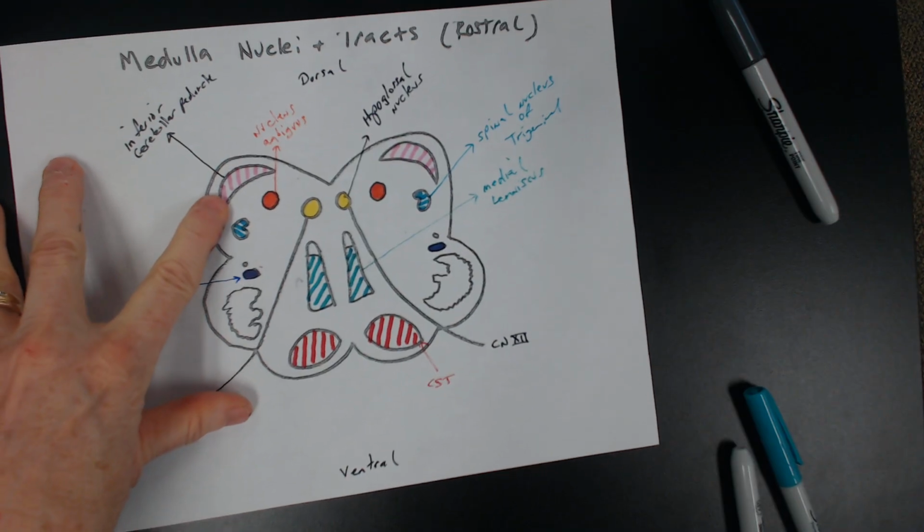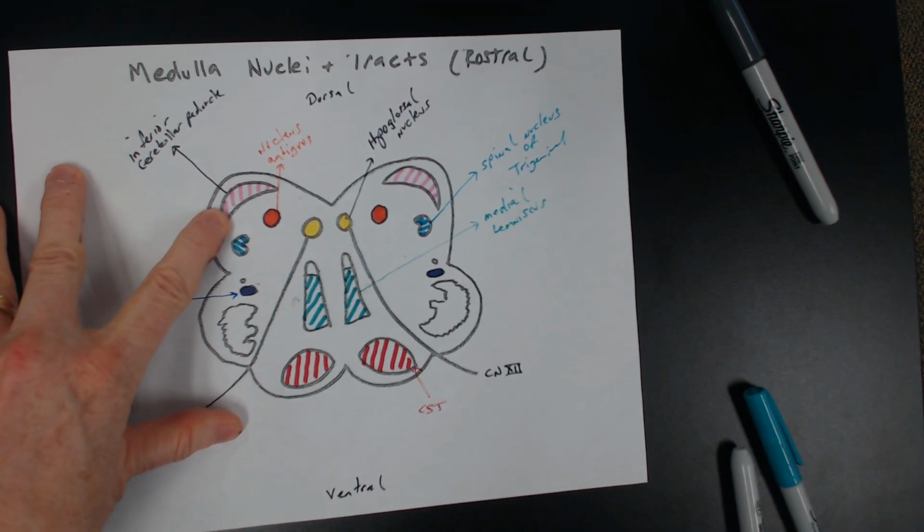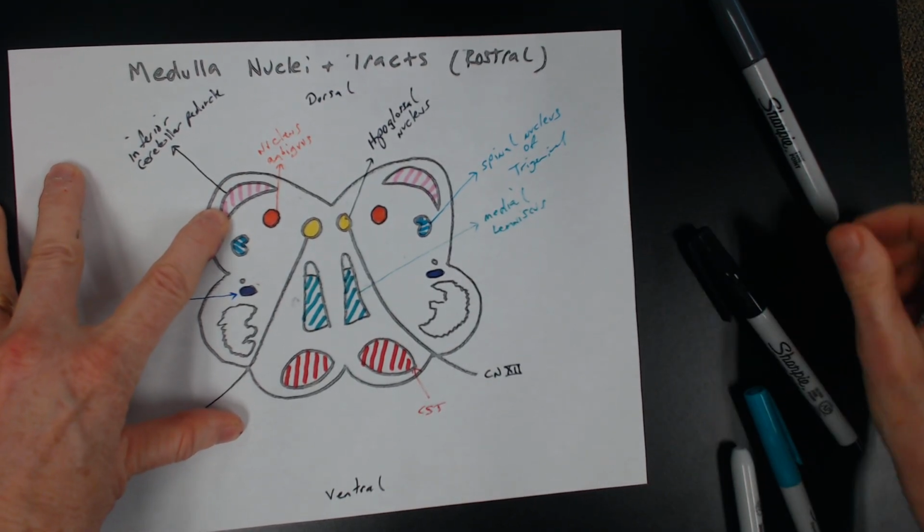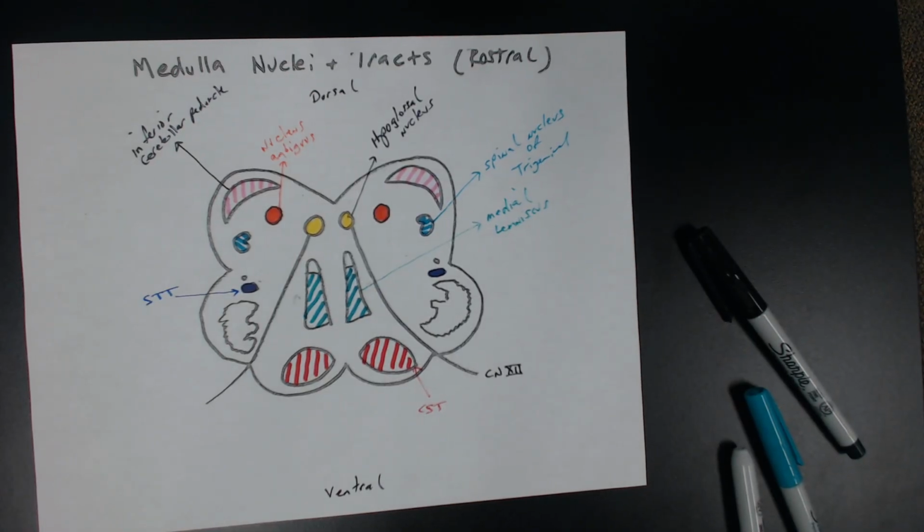So the pink here, present most dorsally, that's your inferior cerebellar peduncle, or one of the connectors from the brainstem to the cerebellum.